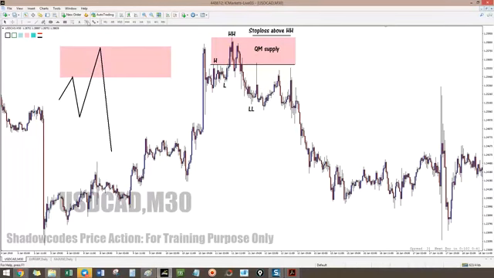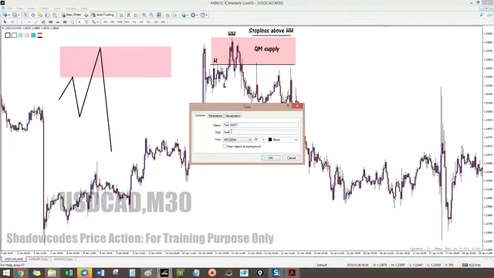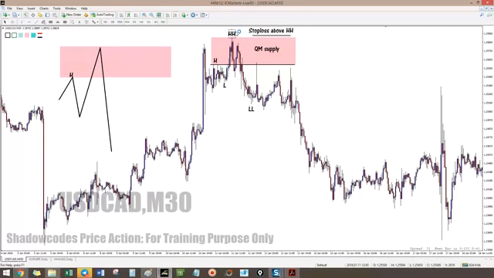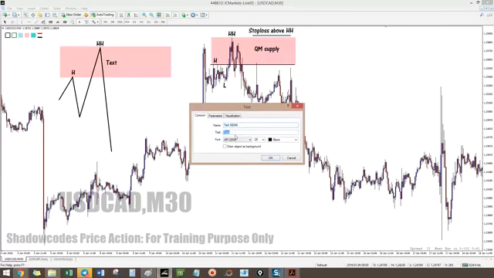From high to higher high. This is your zone. The zone is between high and higher high.